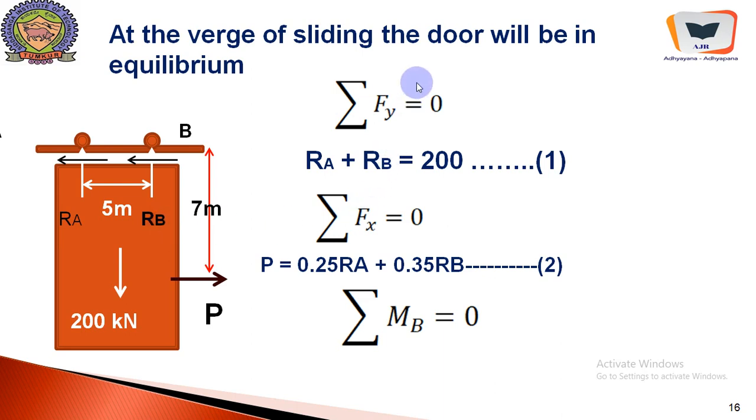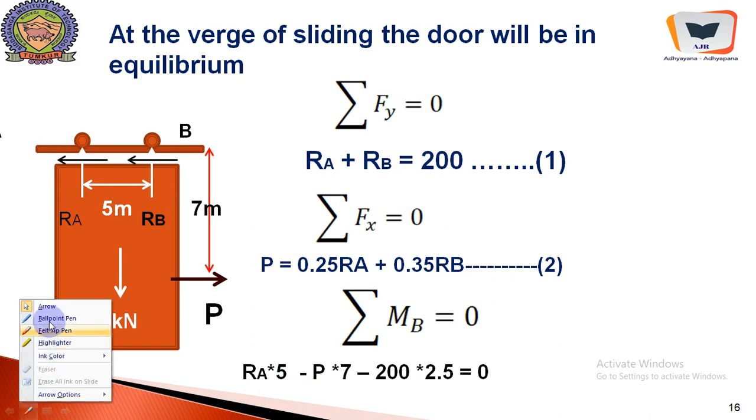So we need three equations to solve this, because this particular problem presents an example of application of a non-concurrent coplanar force system. If we take moment with respect to B, RA into 5 is in the clockwise direction.